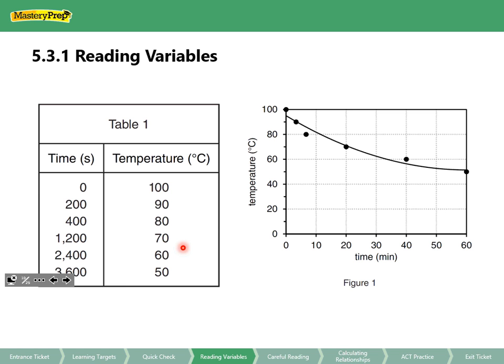So this here, the table and line graph, do both represent the same data? Yes? Now, this line here that is given on the chart is what we call a line of best fit.